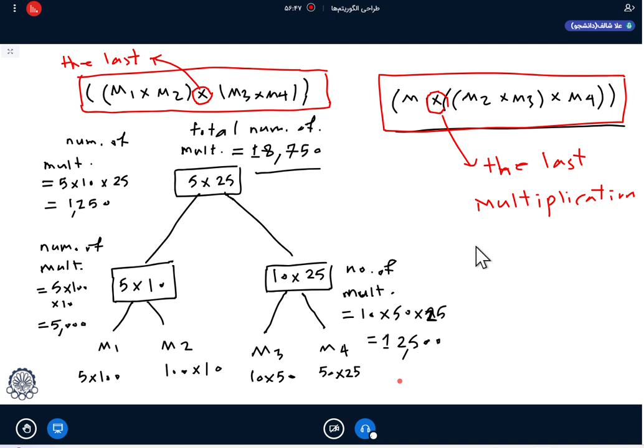And we divided M1, M2, M3, M4, okay? But why do we use 100? 5 multiply 100 for M1. M2 100 multiply 10. Why do we use 100?